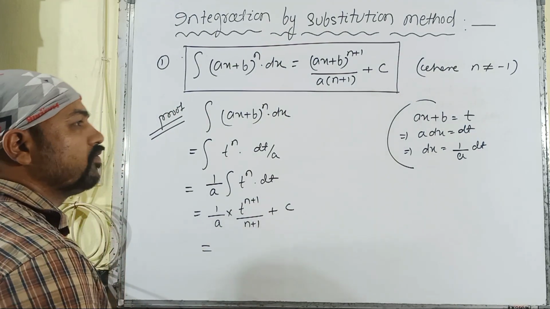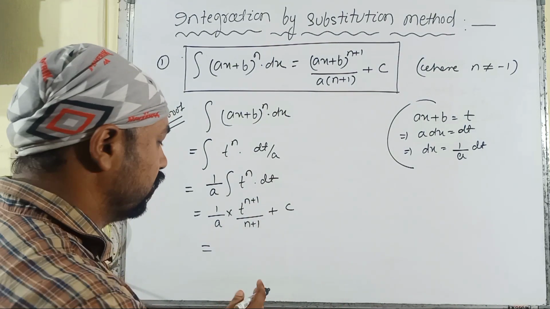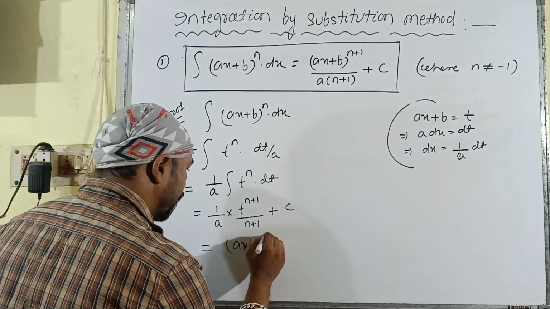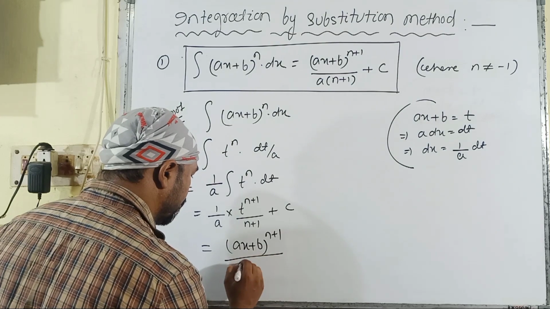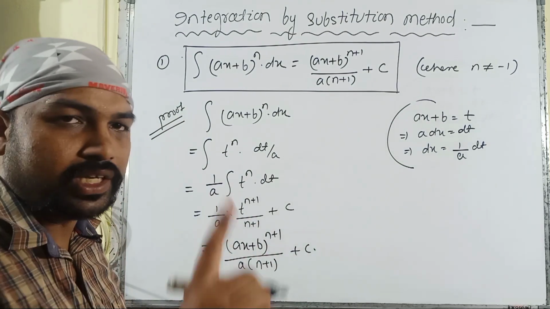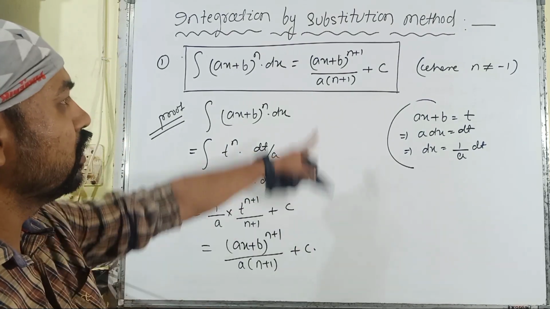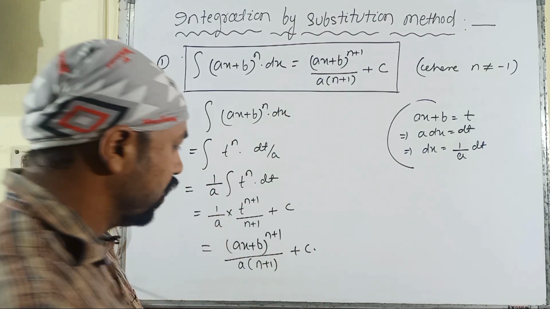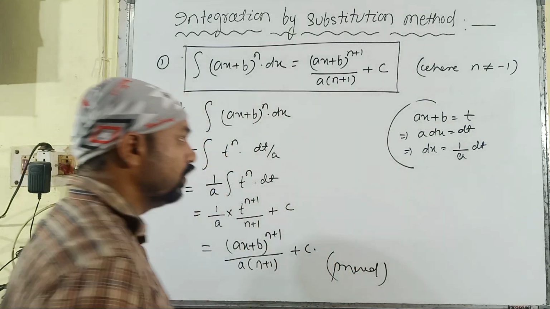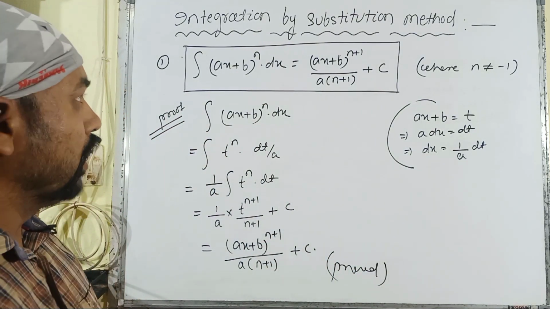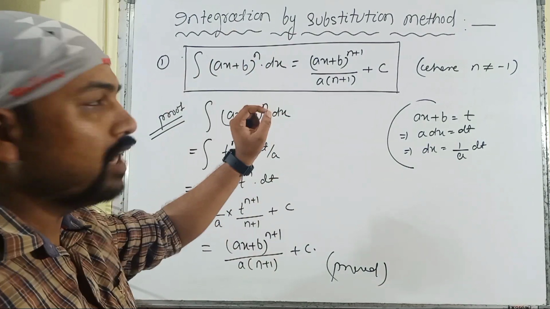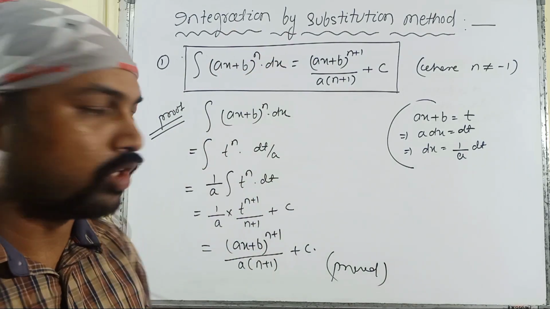Then by applying the value of t, we have ax plus b to the power n plus 1 divided by a multiplied with n plus 1, plus any constant c, and you can see that this is the proof of theorem number 1. So it has been proved using the third part of the integration by substitution method.